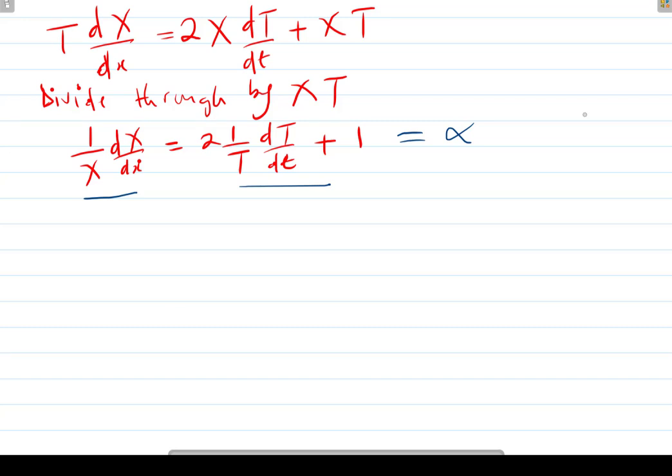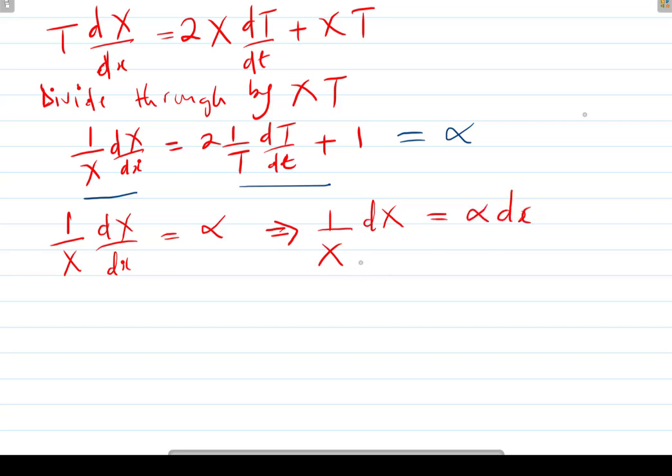If that is the case, then we'll get the first part here, 1 over X dX/dx equal to alpha. And then this implies that I want the one with the capital letter X to be on one side, and the other one with small letter x to be on the other side.